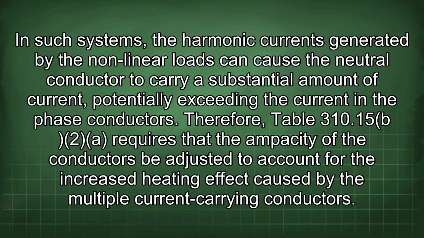In such systems, the harmonic currents generated by the nonlinear loads can cause the neutral conductor to carry a substantial amount of current, potentially exceeding the current in the phase conductors. Therefore, Table 310.15(B)(2) requires that the ampacity of the conductors be adjusted to account for the increased heating effect caused by the multiple current-carrying conductors.